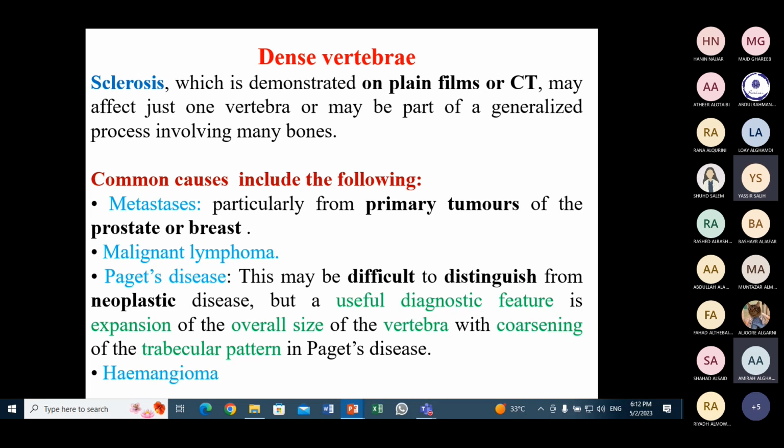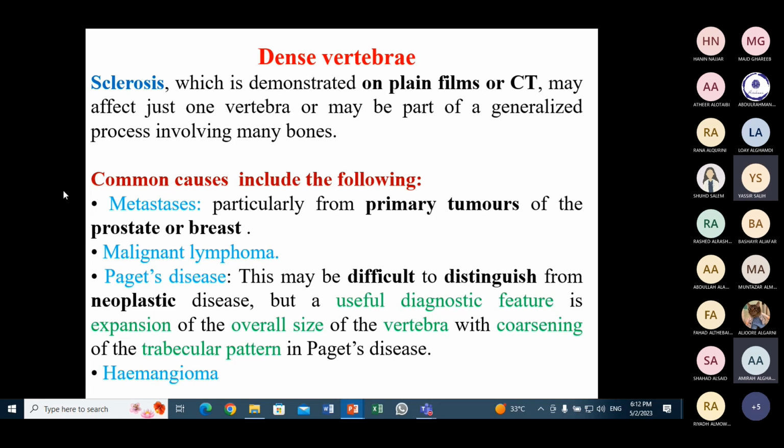لكن عندنا feature which is characteristic of Paget disease، اللي هي Paget disease causing increase of size of the vertebral body. فدي help us in differentiation of Paget disease from the primary tumor of the vertebral body. يعني هما الاثنين بيكونوا dense، لكن in the Paget disease there is an increase or expansion of overall size of the vertebra.